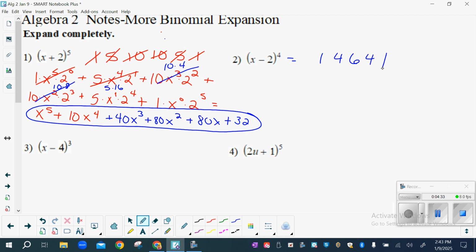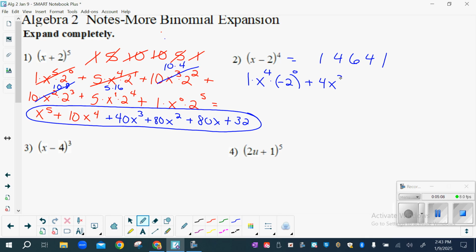And so for my first term, it's 1 times x to the 4th times negative 2 to the 0, plus 4x to the, what's the exponent on the x? 3.